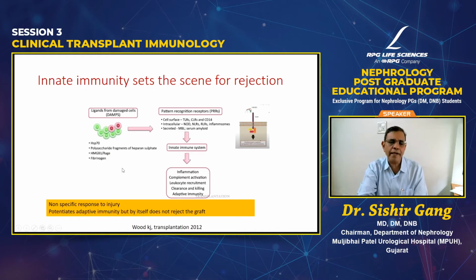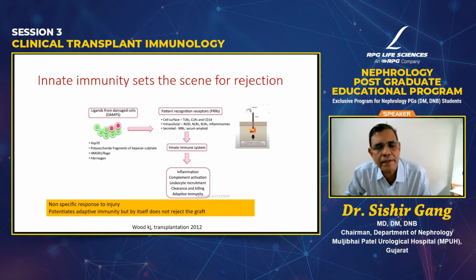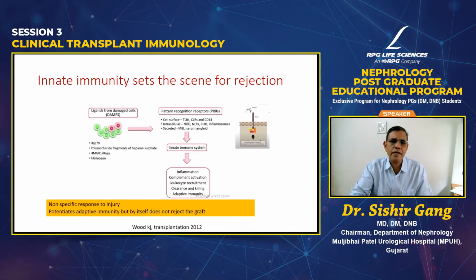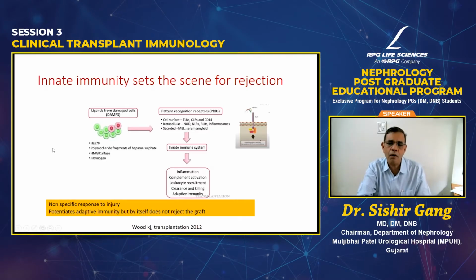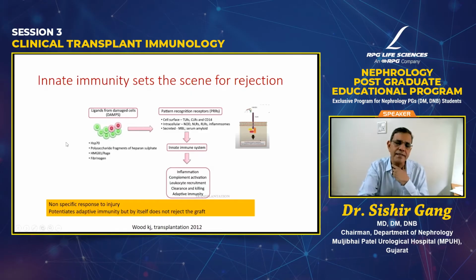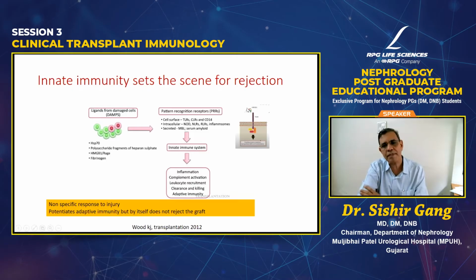Now, how does the body recognize that something foreign has entered into the body? This was not understood for many years, but in the last 2 decades, there has been a lot of understanding as to how the body recognizes that there is something foreign to it, or non-self. Whenever there are pathogens or damage to cells, these release proteins or polysaccharides, and these are recognized by receptors present on the cells of the immune system, known as pattern recognition receptors.